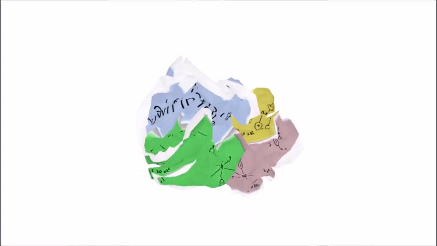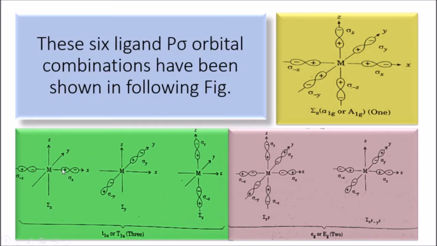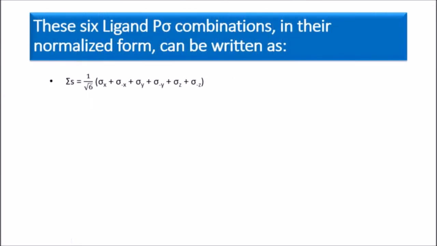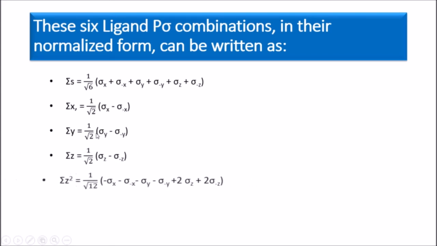The plus side is for sigma positive, and the minus lobe is towards sigma negative. The same thing you can see over here. And similarly for y and z. Much in the same way it is for sigma z square, that is 1 under root 12, minus minus minus minus, meaning all the planar lobes are minus and axial lobes are positive in sign, as you saw in the previous slide as well.